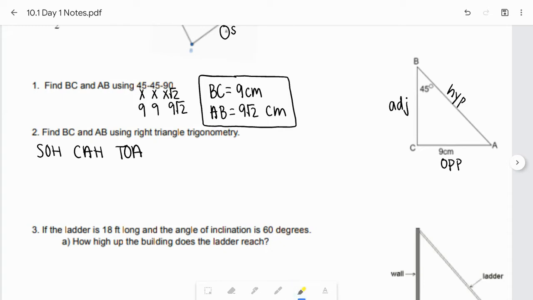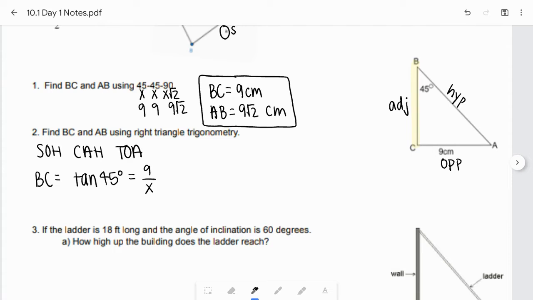So let's first find BC. BC is going to use our opposite side and adjacent, so that is going to be tangent. So I would have tangent of 45 degrees is equal to the opposite side, which is 9, over the adjacent side, which is what we're trying to find.